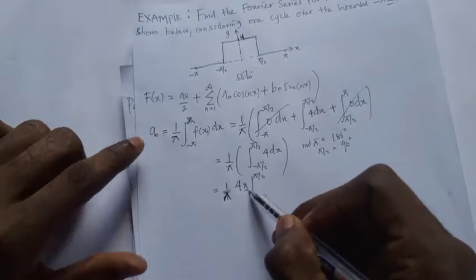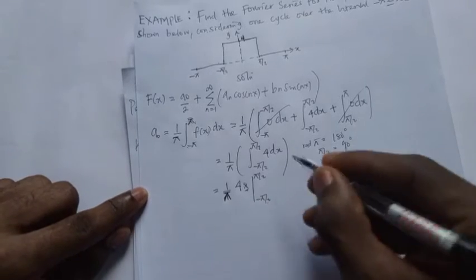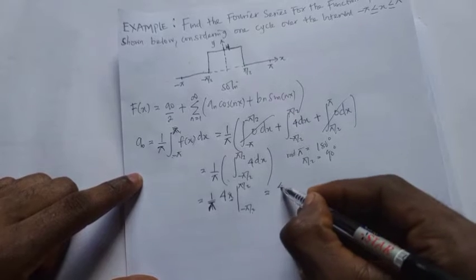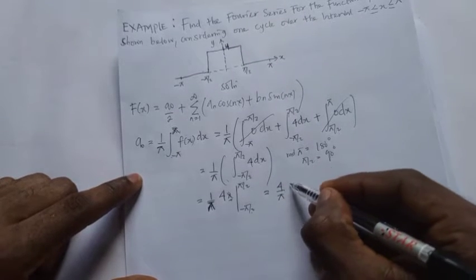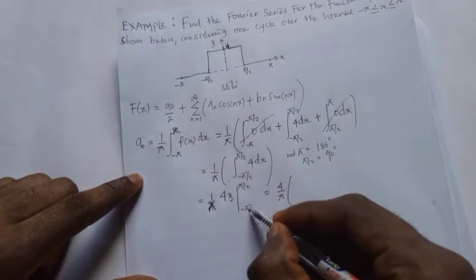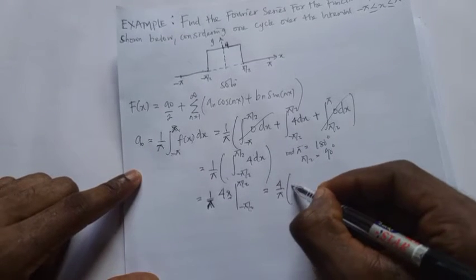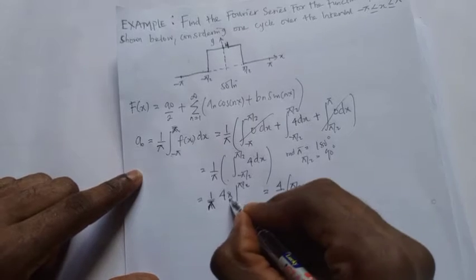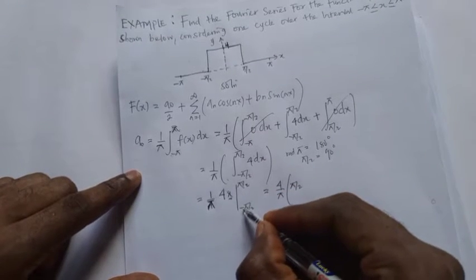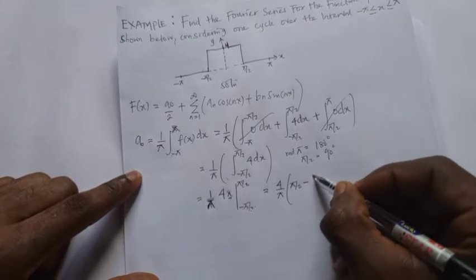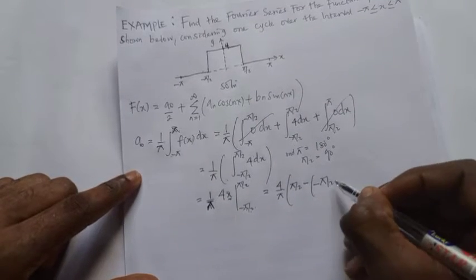So I can therefore say that this is equal to 4 over pi into the upper limit minus the lower limit. The upper limit of this integral is pi over 2 as the value of this x, and the lower limit is minus pi over 2, but we are subtracting the lower from the upper, which means we have minus into minus pi over 2.